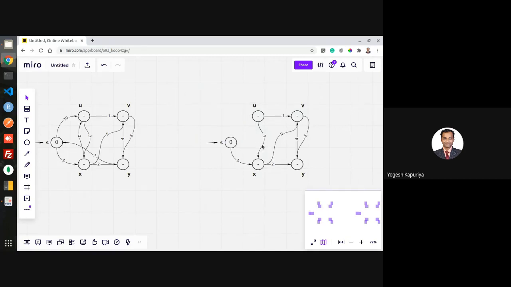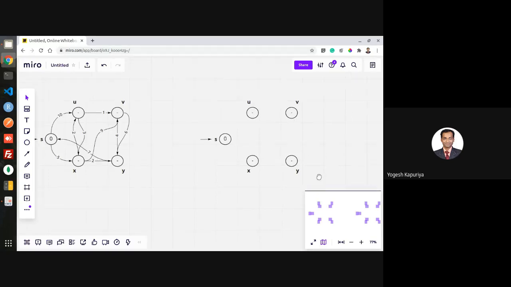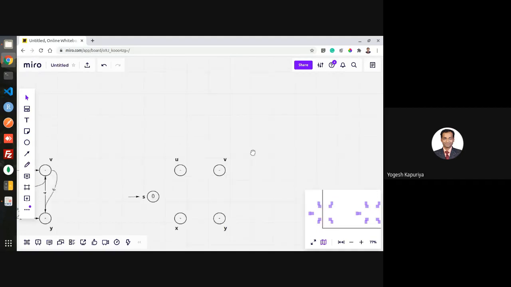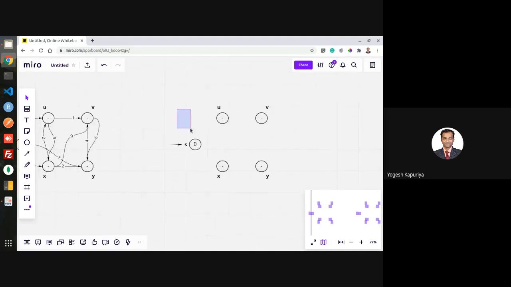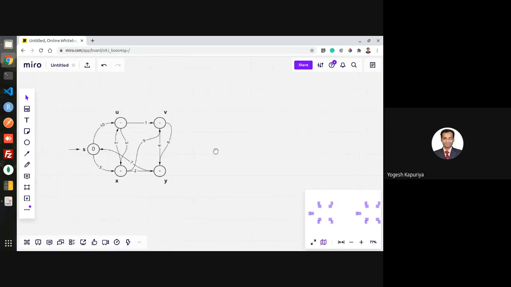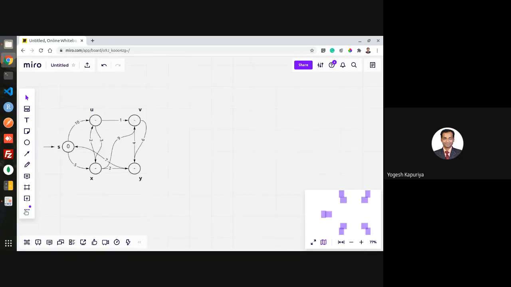Assuming that they are not connected, okay. Actually, I don't think this is going to help you. So let us write it in the same way we have done it in Kruskal's approach.